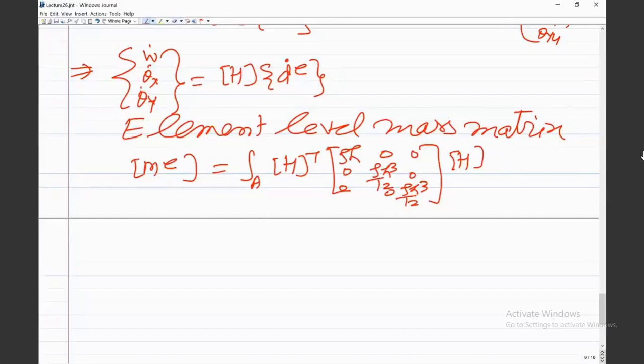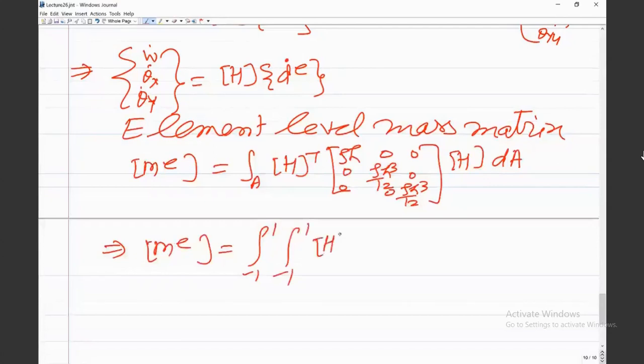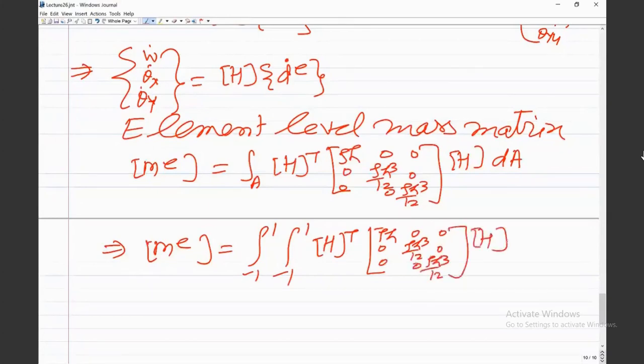And dA of course can then be split into the integration through the natural coordinate space. So ME is equal to integration from -1 to +1, -1 to +1, and H transpose into this matrix, rho H 0 0, 0 rho H cube by 12 0, 0 0 rho H cube by 12, into H into determinant of J into d xi into d eta.